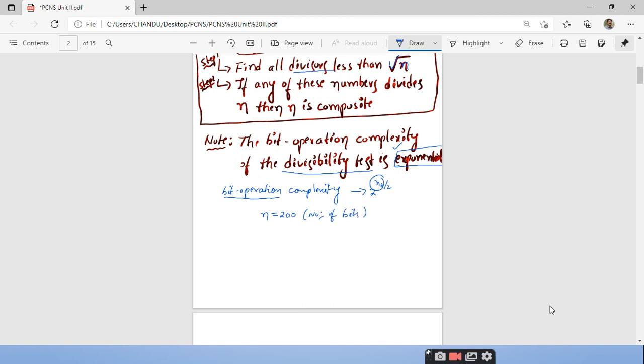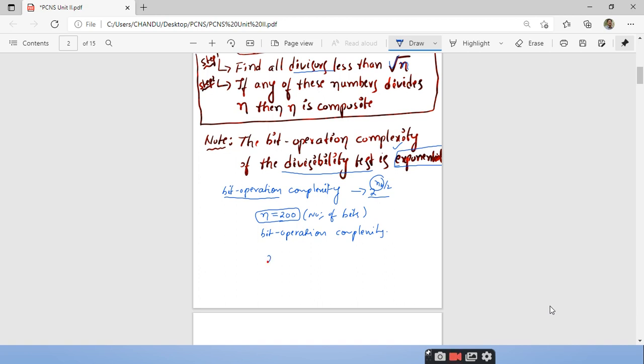He is asking us to find the bit operation complexity. How much time is the divisibility algorithm going to take to perform this divisibility test on 200 bits, right? What is the formula? 2 power nb by 2.